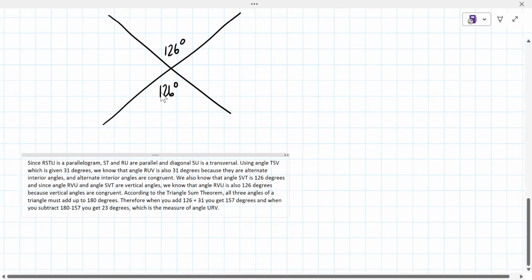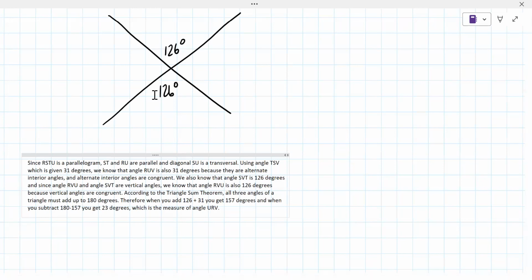So we're adding 126 plus the 31 and subtracting it from 180, getting us 23 degrees, which is the measure of angle URV.